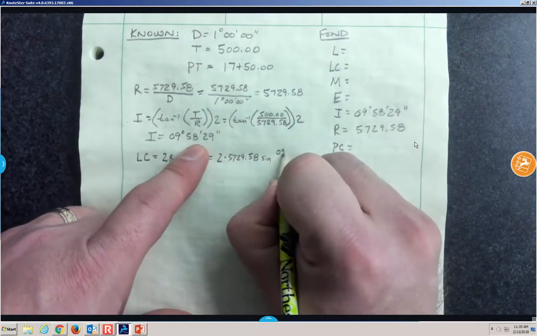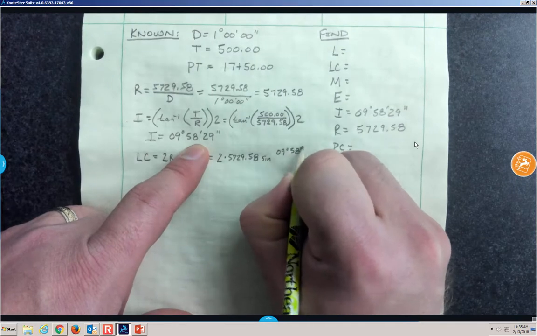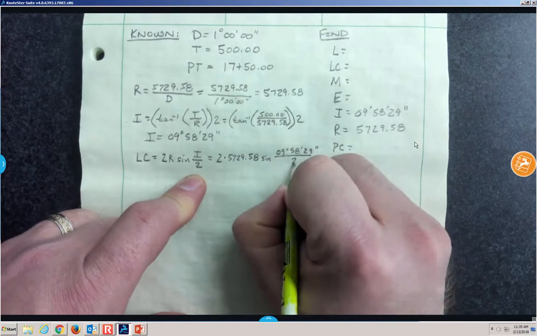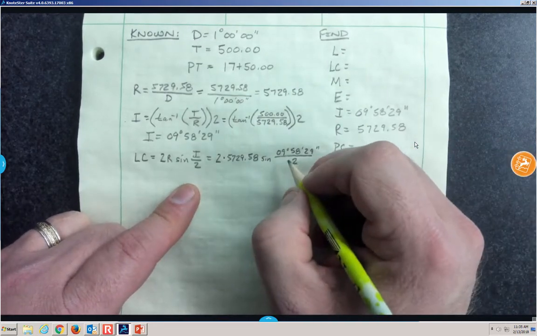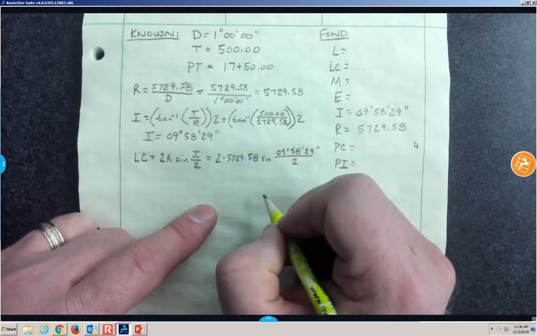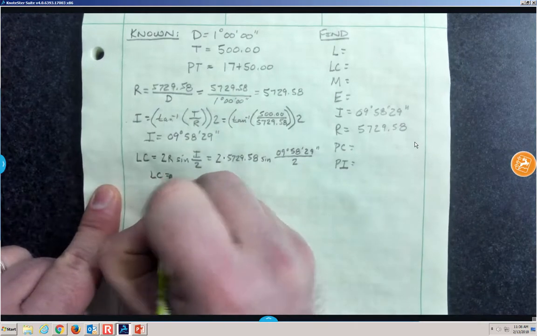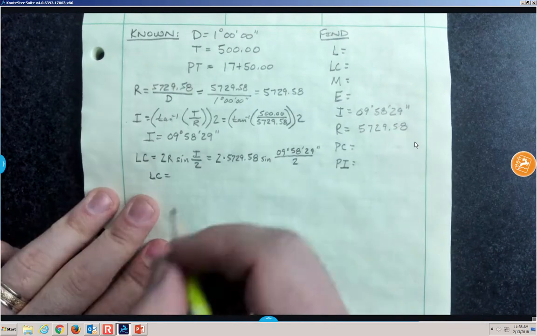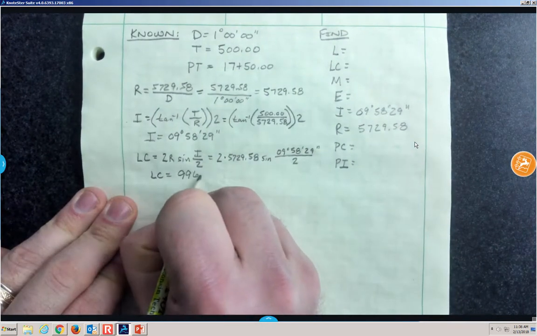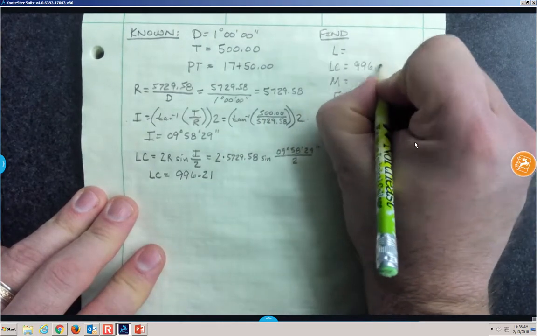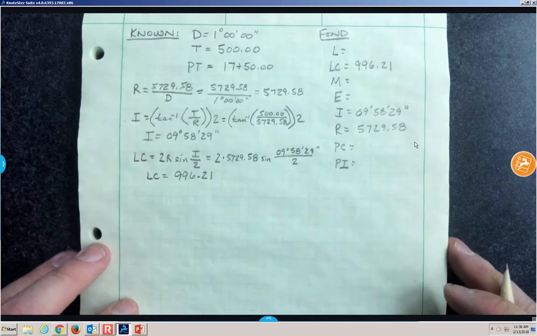I was 09 degrees, 58 minutes, 29 seconds, over 2. So what are we getting there? 996.21. That's in feet.